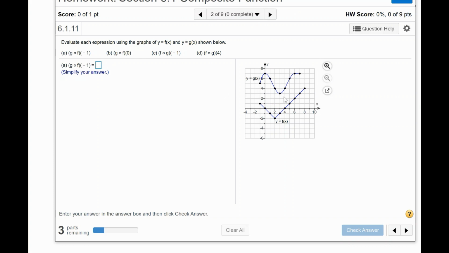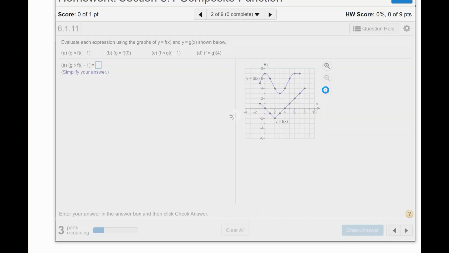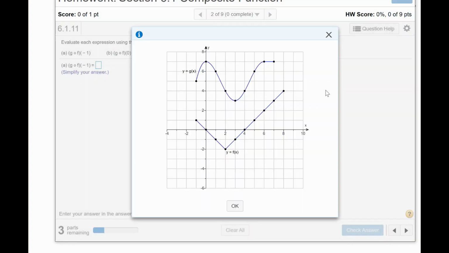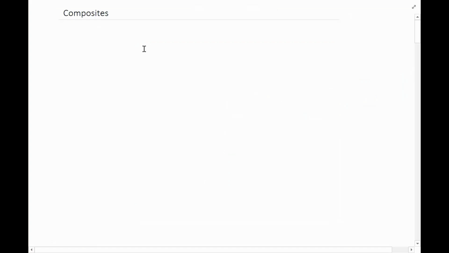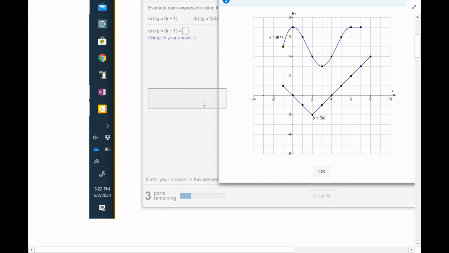Okay, the first part, actually, I think I'm going to let's screenshot this and take this to this place right here so I can actually write on it.